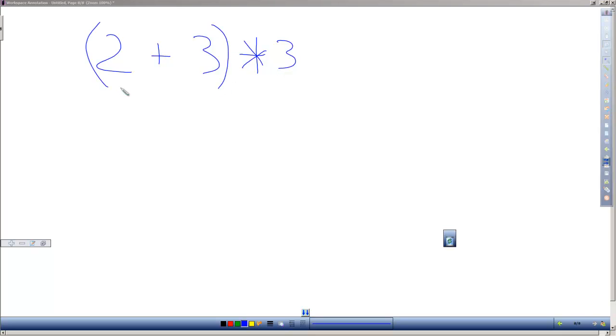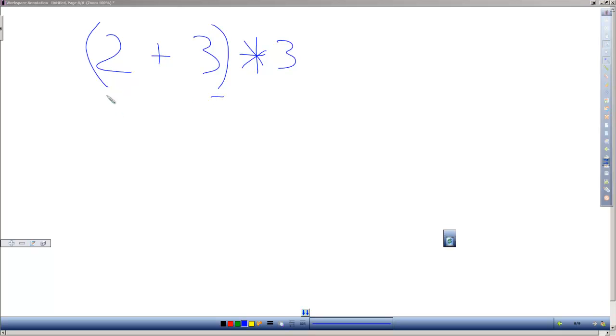Now, let's go back to where we had the 2 plus 3 times 3. In math, if I wanted it to add the 2 and 3 together first, I would put those in parentheses. If you put something in parentheses, that says do it first. The same thing's going to happen with the computer program.